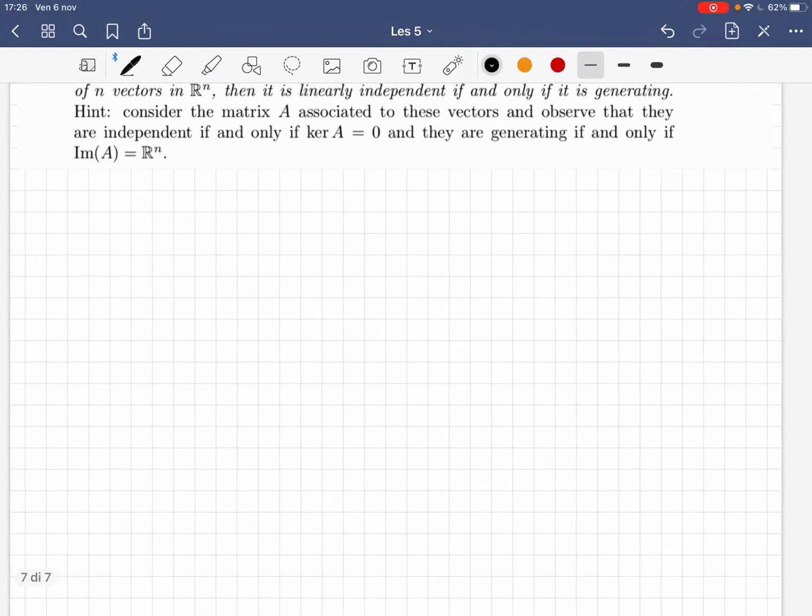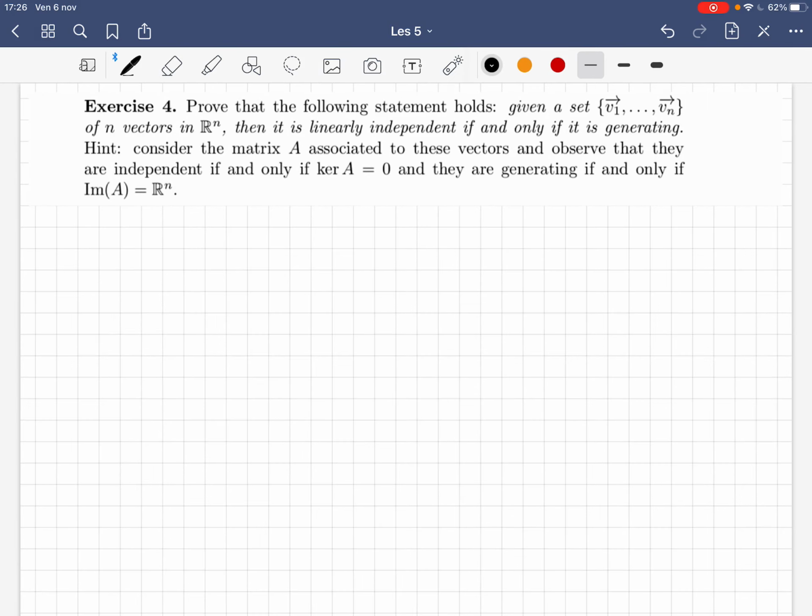So perhaps let me take this as the moment when we actually start writing the detailed solutions, and use this exercise as an excuse to review that result on generating linearly independent vectors.